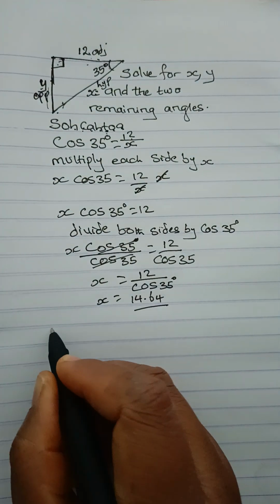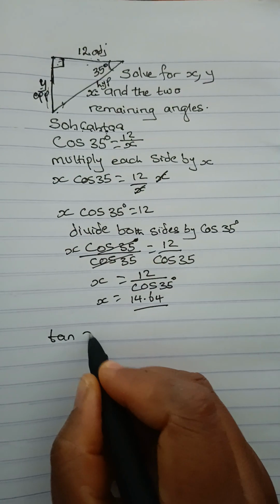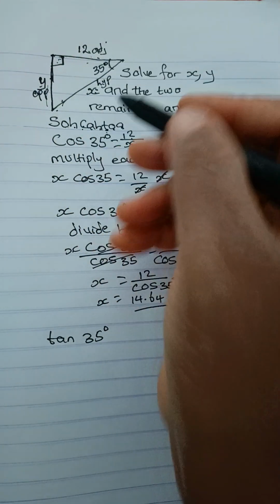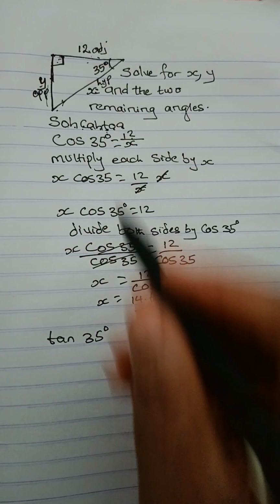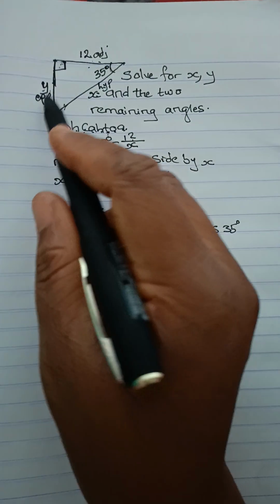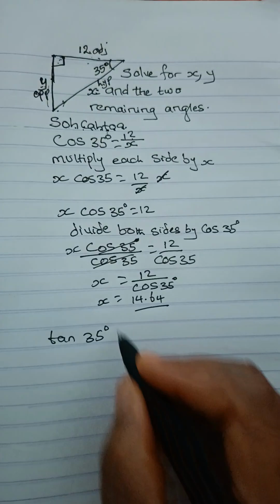So we'll say tan 35 degrees, because it's the only angle we have here. So tan 35 equal to, what does tan say? Opposite over adjacent, which is y over 12.